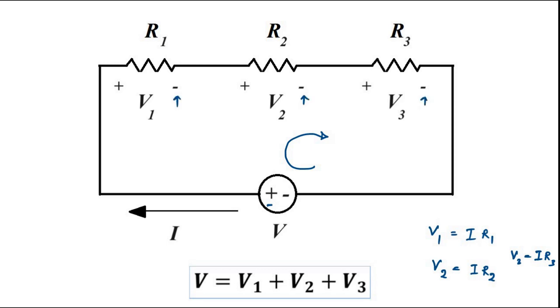That is my style of writing KVL. I always write KVL equations in that way. So the KVL equation is like this: second sign is positive, so plus V minus V1 minus V2 minus V3, summation of voltages, is equal to 0. So this brings V is equal to V1 plus V2 plus V3.